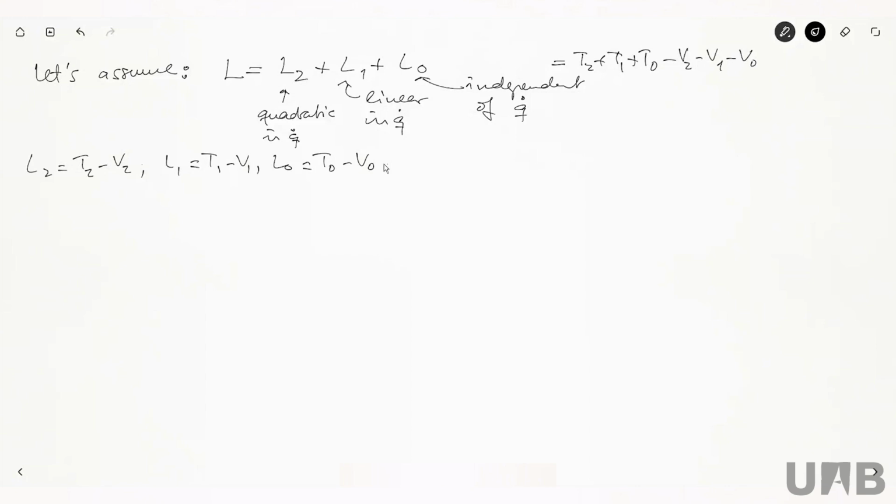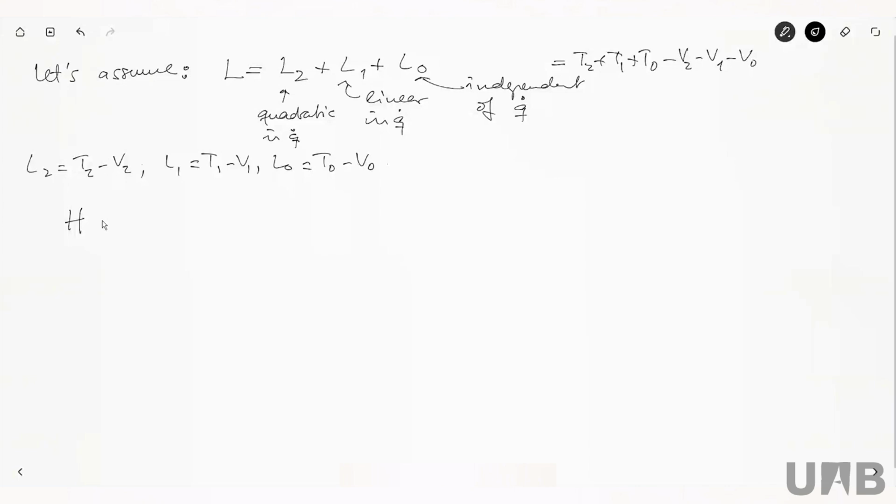Good. So now with a Lagrangian like this, we want to compute the Hamiltonian, because this is going to tell us whether the Hamiltonian equals the energy or it doesn't.